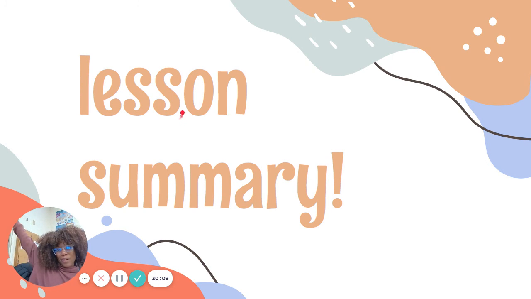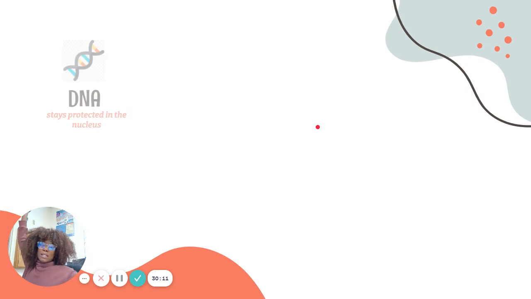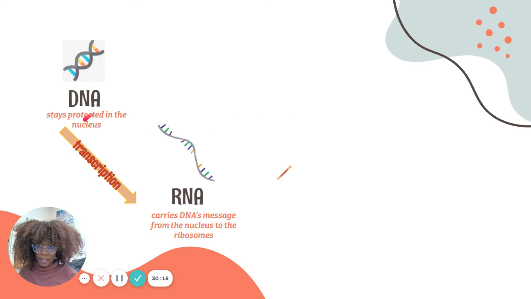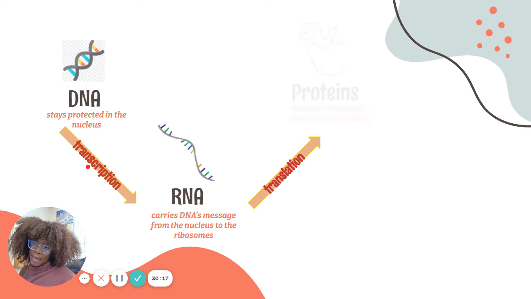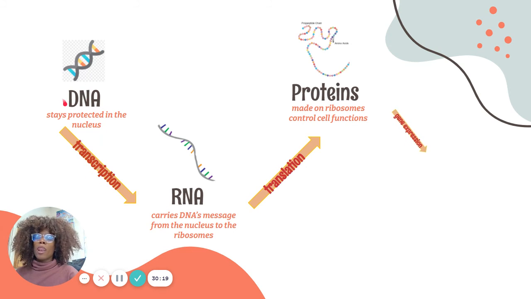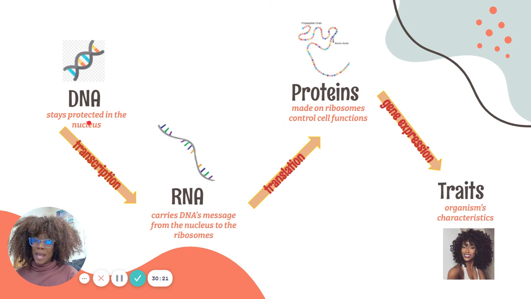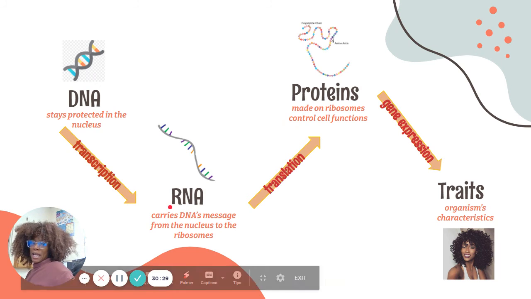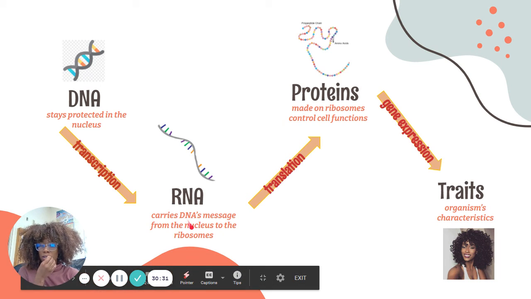So let's do our summary of the lesson. DNA must stay protected in the nucleus, and then DNA undergoes a process called transcription. Transcription converts DNA into RNA. RNA carries DNA's message from the nucleus out to the ribosomes, which again are protein factories.